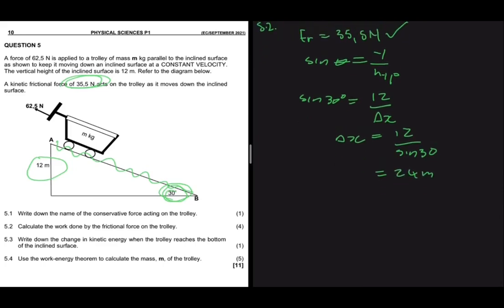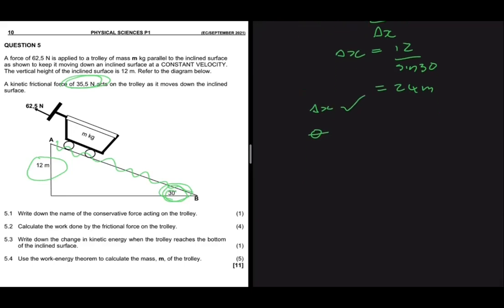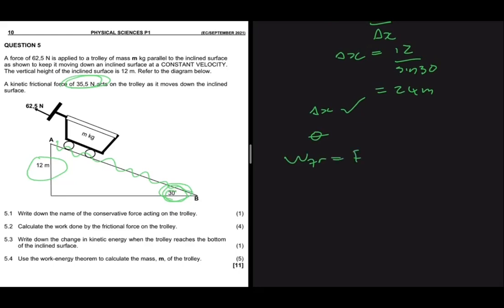So we have the frictional force, we have delta x, and then we have the angle between the frictional force and the direction of the motion. So now we can say that the work done by the frictional force will be equal to that force of friction multiplied by the displacement of the object multiplied by cos of the angle, right? We've already said that the frictional force is 35.5, we calculated the displacement, that's 24, and then the angle.